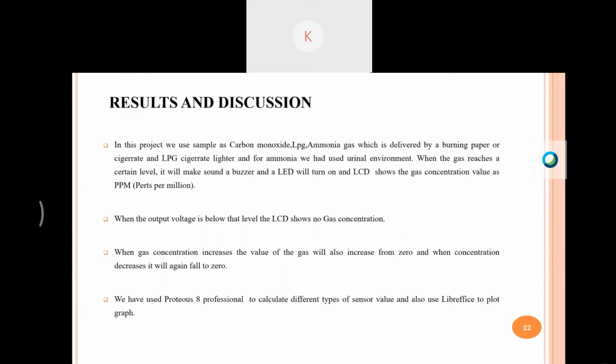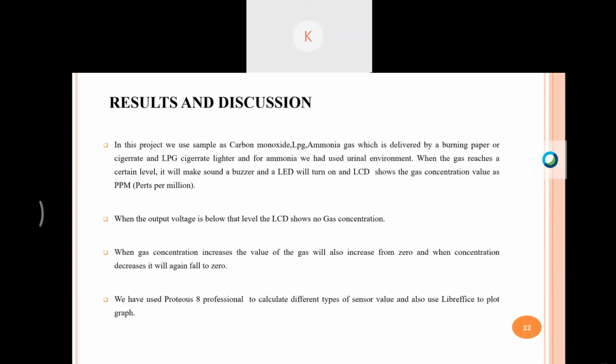Before conducting the test of this sensor, we must connect the sensor to a 5-volt power supply. The sensor needs a preheating time because it consists of a heating element. So the sensing material is SnO2. When we give a preheating time, it absorbs oxygen from the surrounding environment.